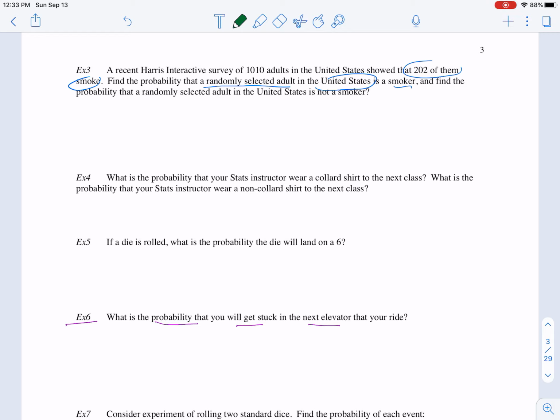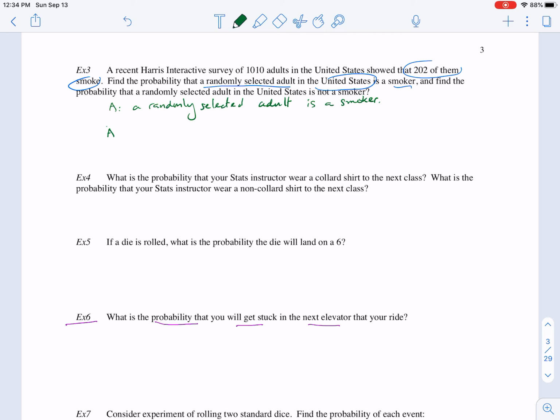If we want to write this a little more formally, we can say let A be the event that a randomly selected adult in the United States is a smoker. And then we also need to find the probability that a randomly selected adult in the United States is not a smoker.